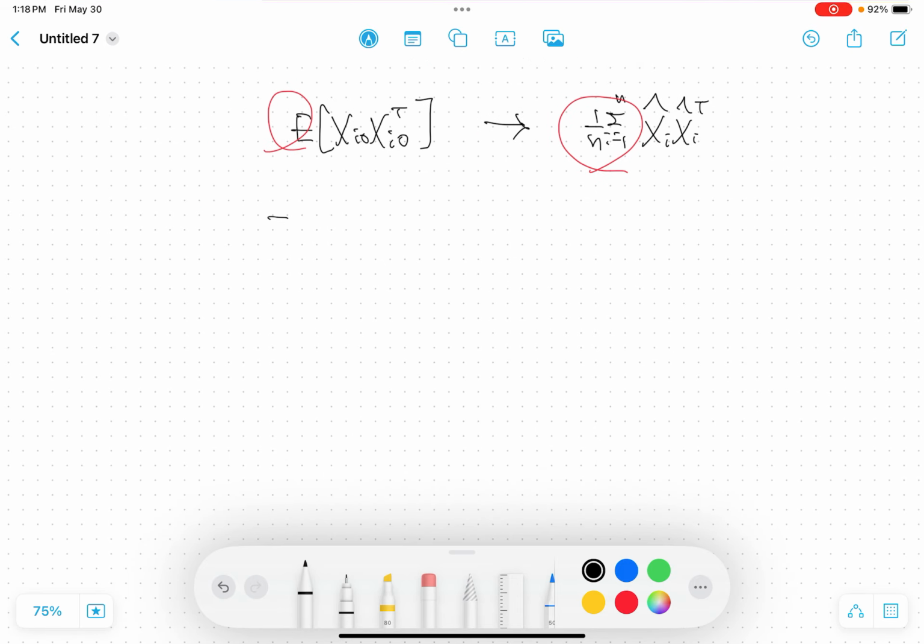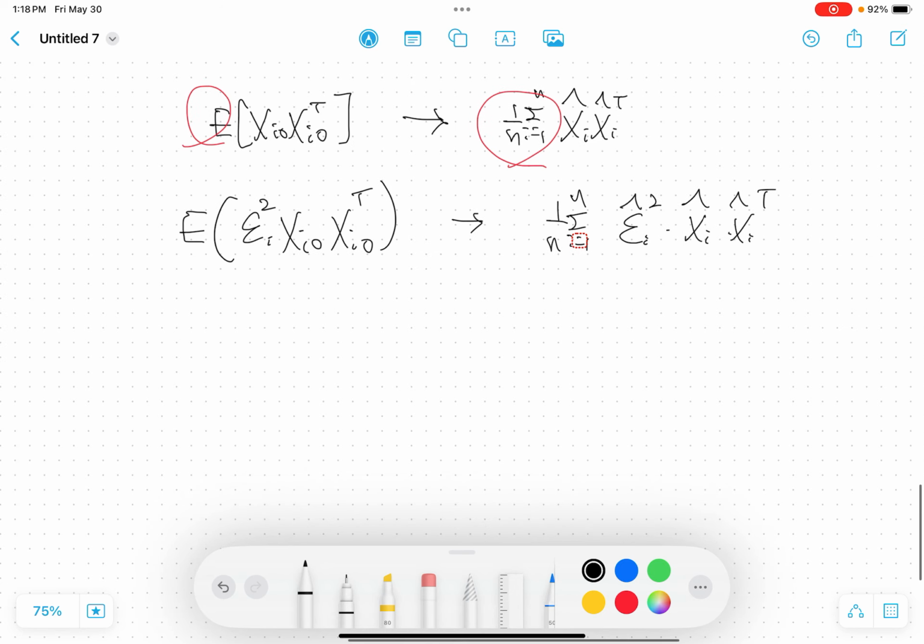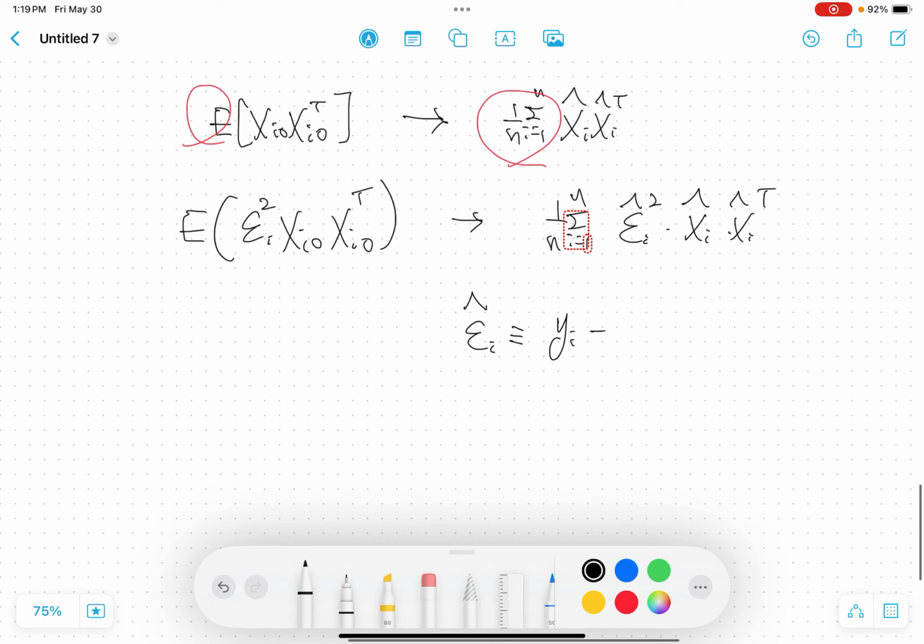So how do we estimate the expectation of epsilon squared xi0 transpose? You estimate this as 1 over n summation epsilon hat squared times xi hat transpose, where epsilon I hat is defined as yi minus alpha hat minus beta 1 hat x1i minus beta 2 hat x2i.